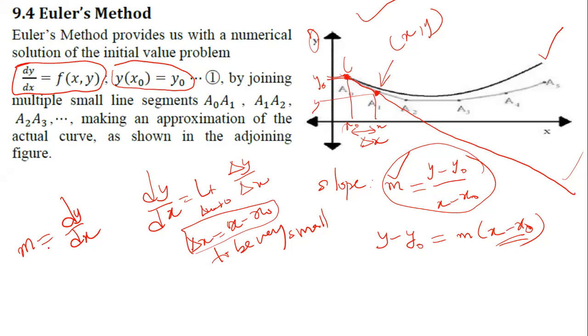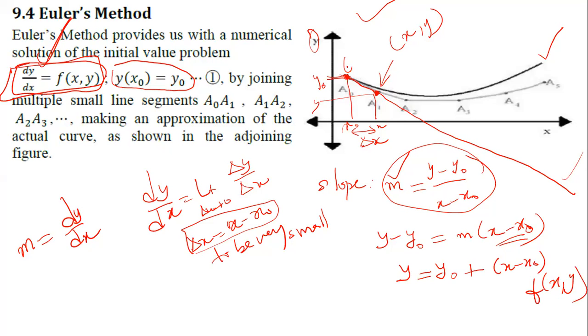So once you have this condition, instead of dy upon dx, you can write the slope. So from this first order differential equation, you can see that y equals y naught plus, instead of m, we can write dy upon dx, or you can also write x minus x naught times f of x y.